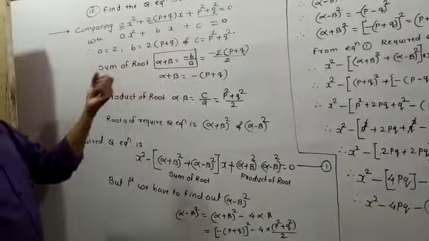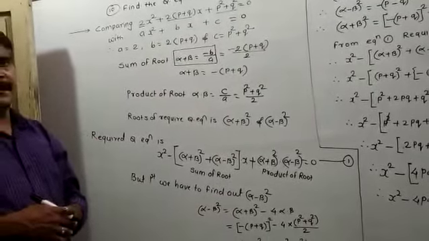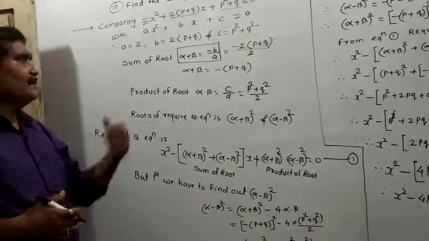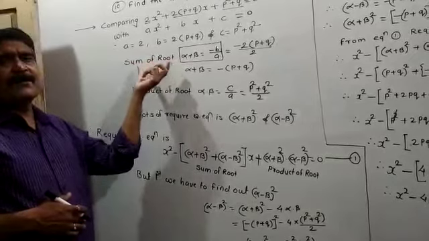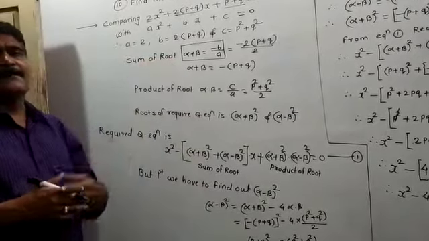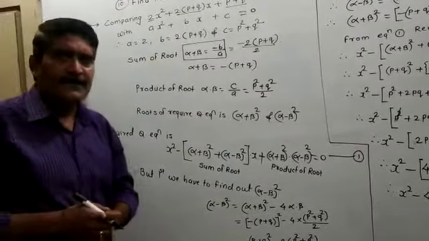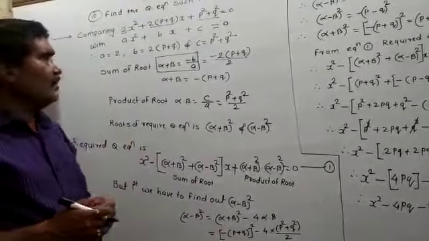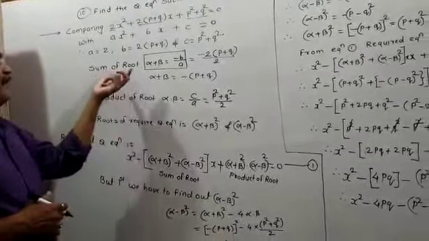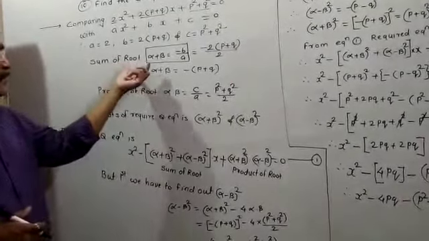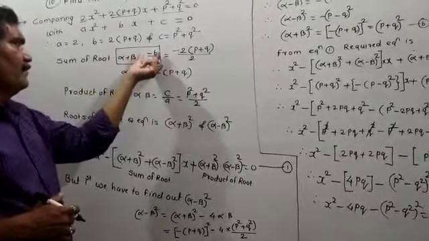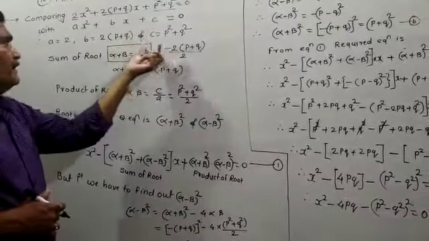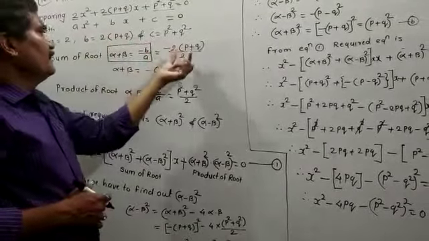Then you have to find the sum of the roots and the difference of the roots, because the square of the sum of the roots and the square of the difference of the roots are the roots of the required quadratic equation. So for that, first of all I will find the sum of the roots. Sum of the roots is alpha plus beta is equal to minus b upon a, where b is 2 into p plus q, upon 2.